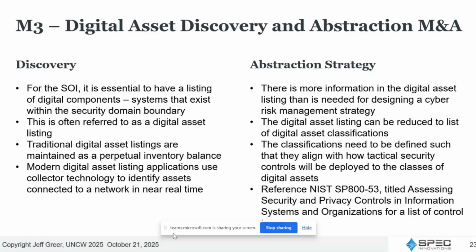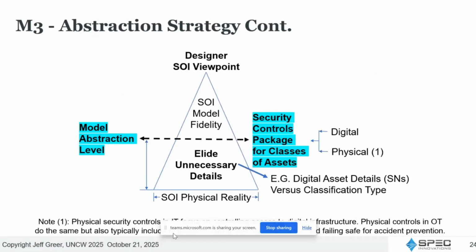And then if you want to think about your security controls, there's NIST SP 800-53, titled Assessing Security and Privacy Controls in Information Systems and Organizations. And that's a complete list of what NIST recommends that you consider for use. So, here we are again.